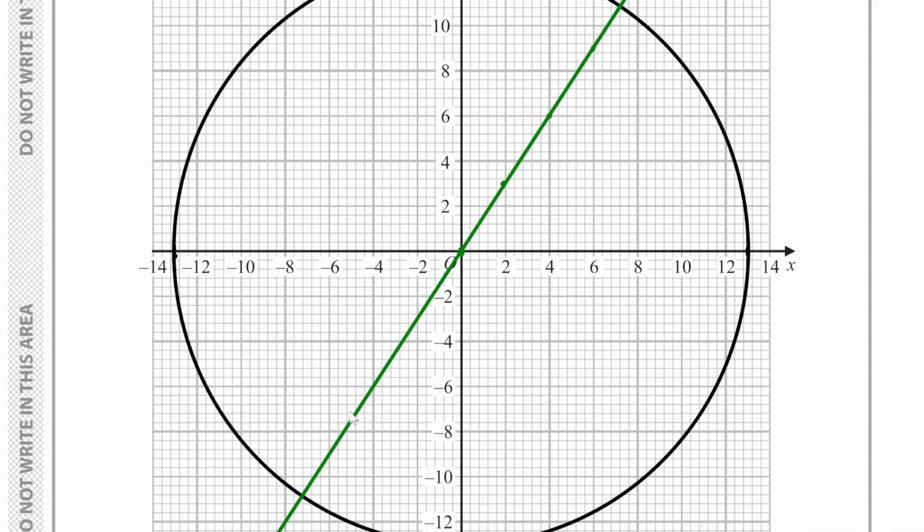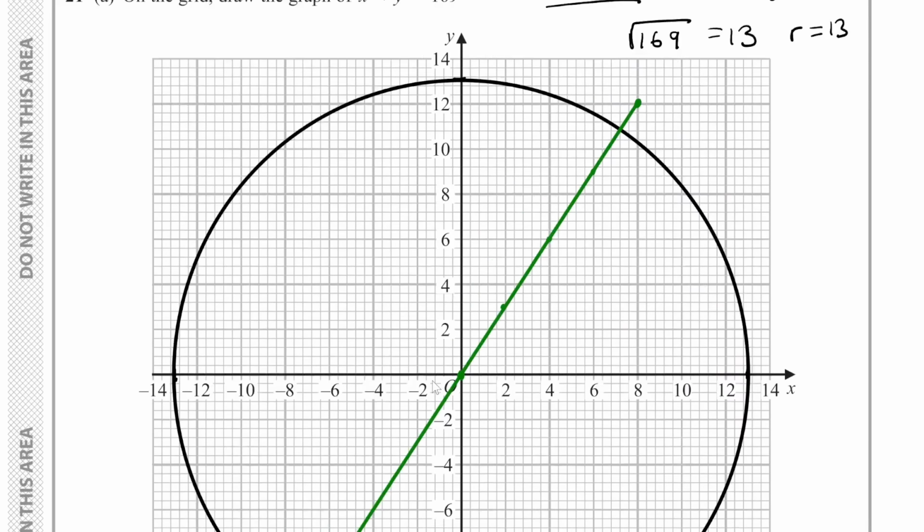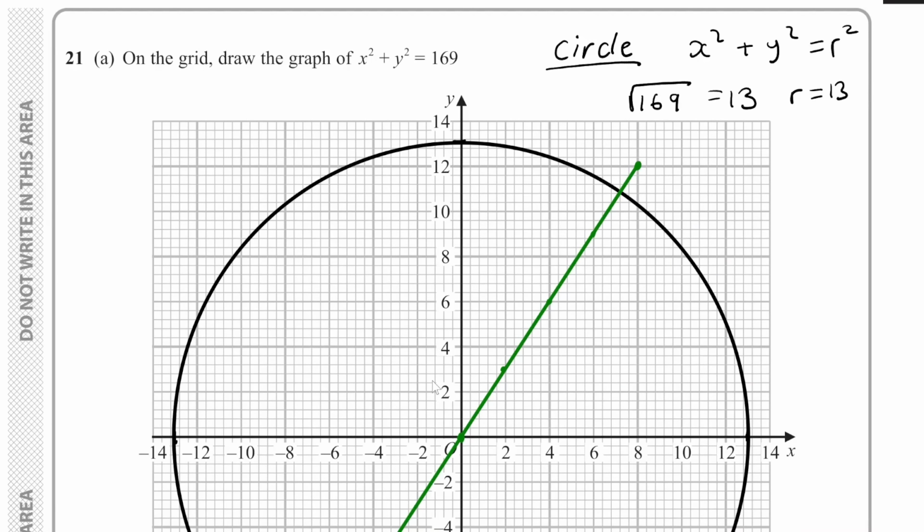And then we just read off the answers. So where are the answers? They are the intersection points. So it looks like 7 is halfway. It's just past 7. So it's going up in 0.4s. So it's going to be 7.2, 10.8.